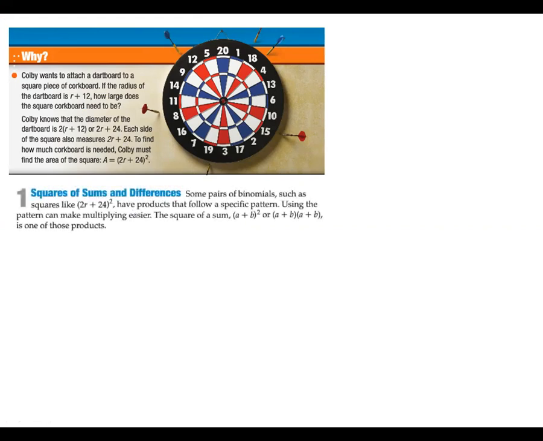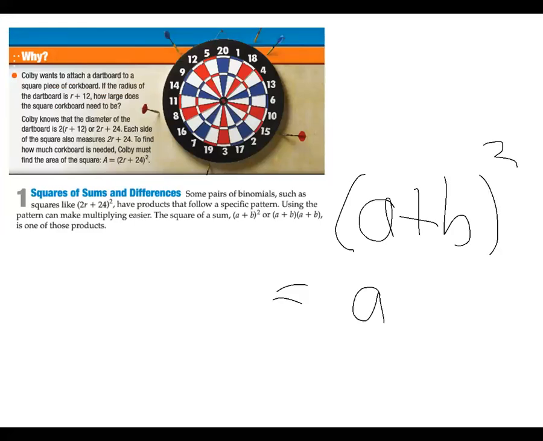Well, some pairs of binomials, such as squares, like 2r plus 24 squared, have products that follow a special pattern. Using the pattern can make multiplying easier. The square of a sum, a plus b quantity squared, or a plus b times a plus b, is one of those products. Here's what you do not want to do: a plus b squared is equal to a squared plus b squared.